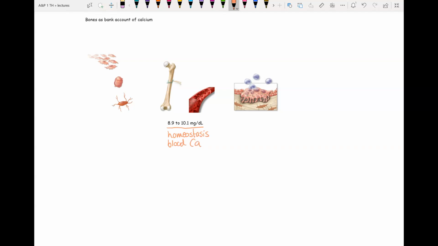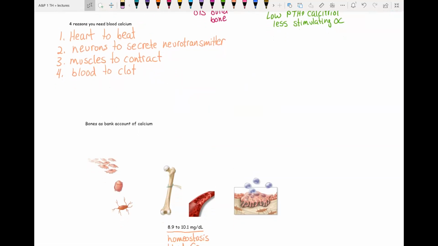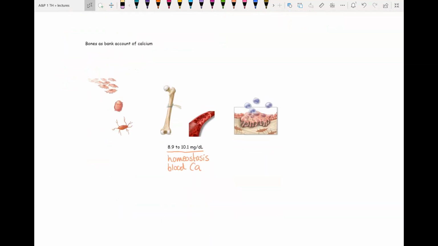That's the amount of calcium that has to be in your blood in order for your heart to beat, your neurons to secrete neurotransmitter, your muscles to contract, and your blood to clot. So calcium can only be in one of 2 places. It's either in your bones or it's in your blood. If it's not in one, then it's in the other.